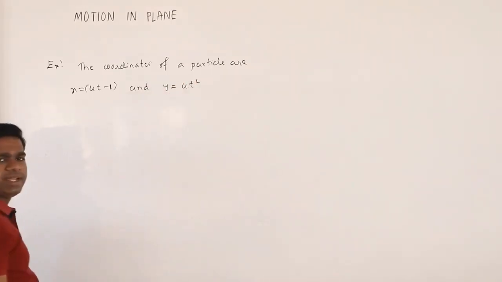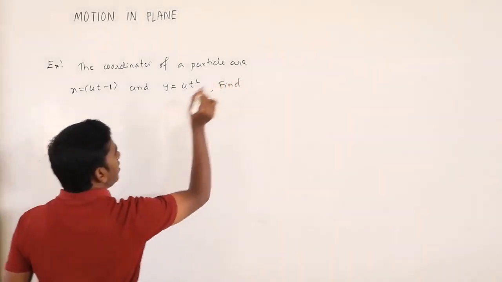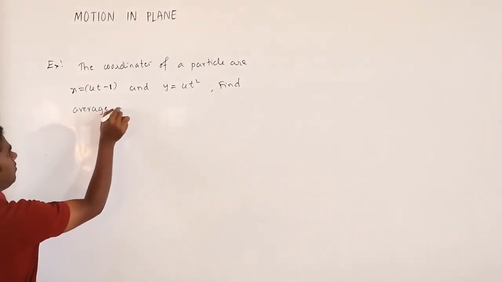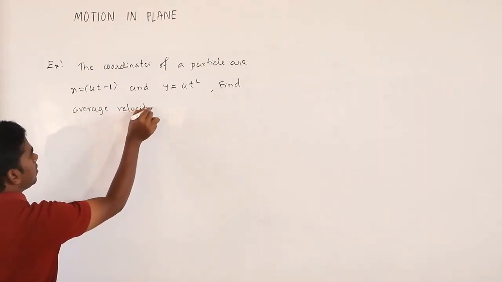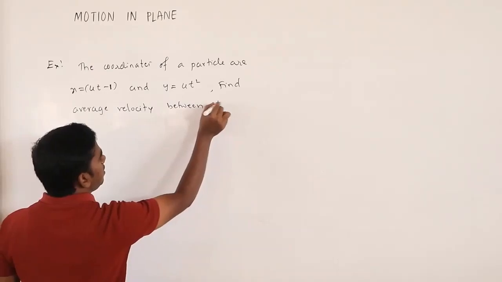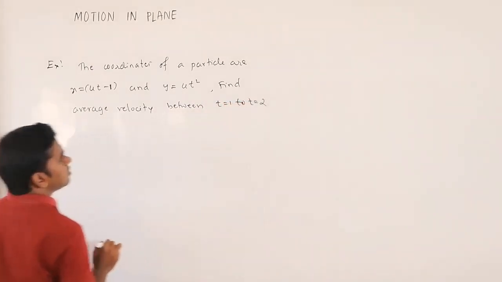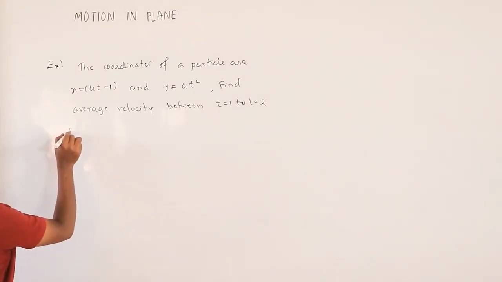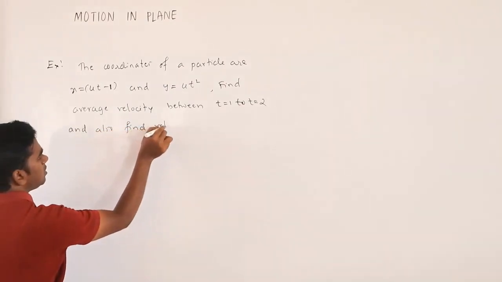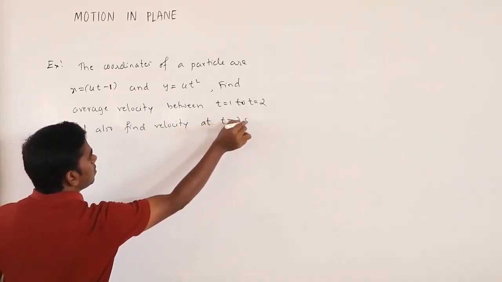Find the average velocity between t equals 1 to t equals 2 seconds, and also find the velocity at t equals 2 seconds.